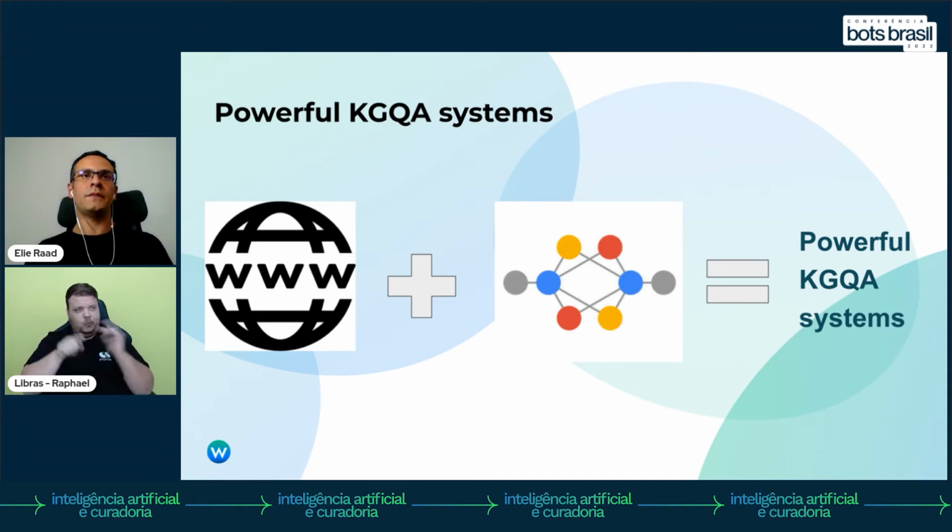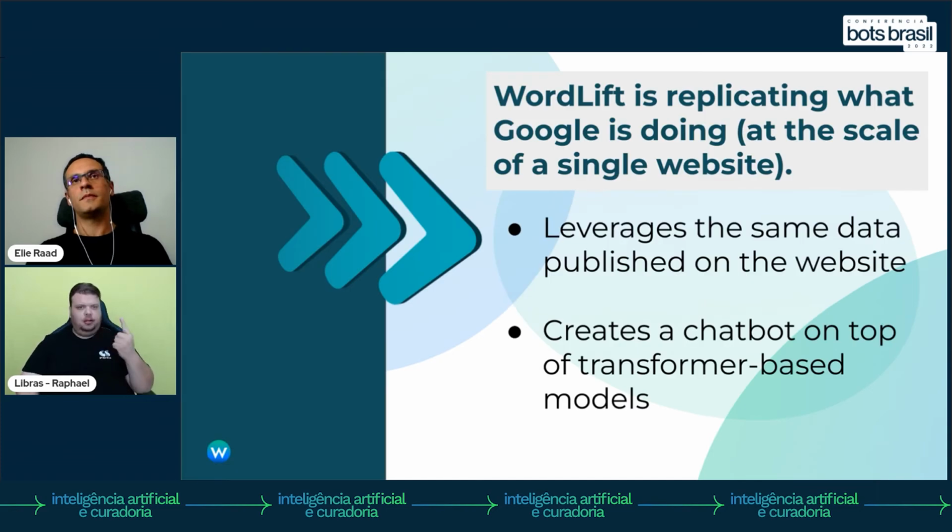This will give us this powerful combination when we have a website and augment it with a knowledge graph. We can obtain a knowledge graph QA system. Now, we want to have a similar functionality that we saw on Google search.